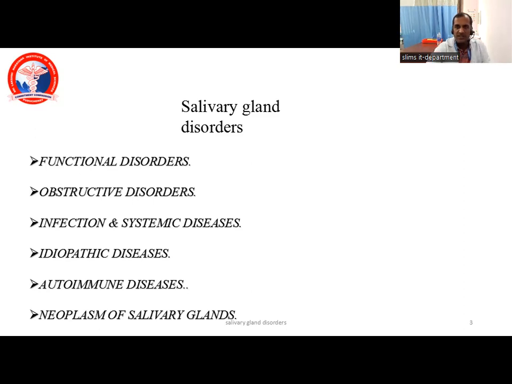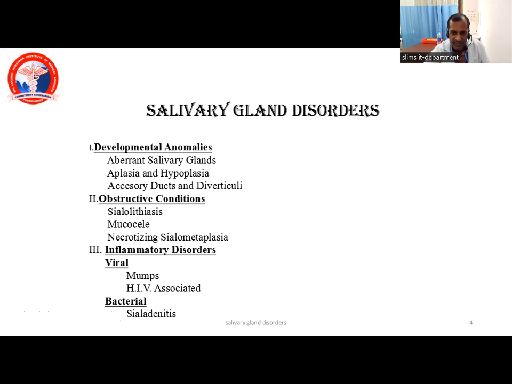Now, coming to the first, that is your functional disorders. One is the developmental anomalies. Most commonly are the aberrant salivary glands, aplasia and hyperplasia, accessory ducts and diverticuli.